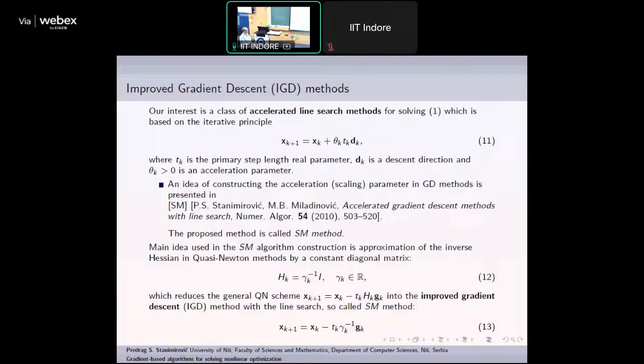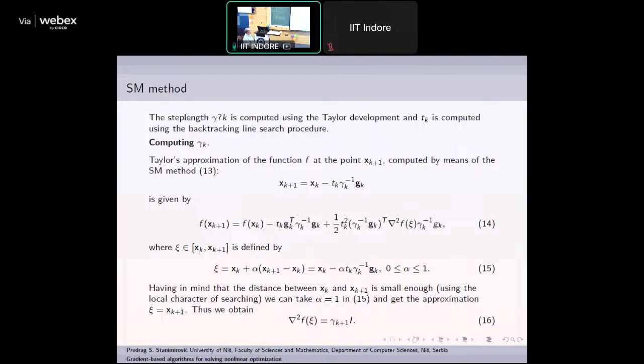And here we obtain a new iterative rule of the form 13. Here theta k, the additional parameter, is defined as the inverse of this scalar number. How do we obtain this new scalar, gamma k? Again, Taylor expansion. The Taylor expansion of the gradient minus gradient with the Hessian is the main mathematical tool in nonlinear optimization.